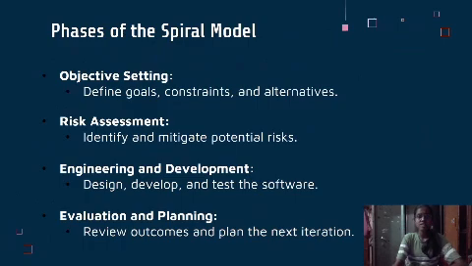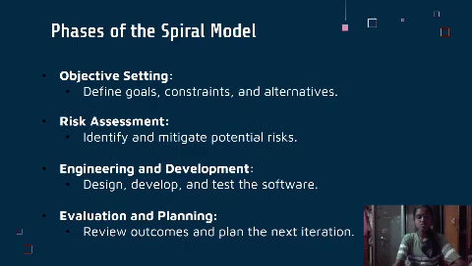Then we have the phases of the spiral model. There are four phases in the spiral model. One is the objective setting, wherein you will define your goals or objectives and the constraints, and any alternatives. Then risk assessment. So you are going to identify and mitigate the potential risks that can be caused in this project while developing it.